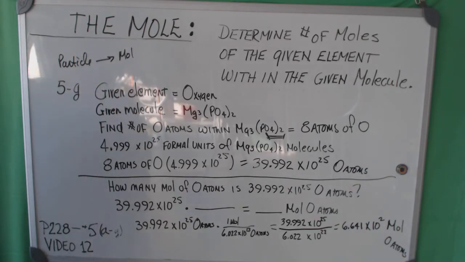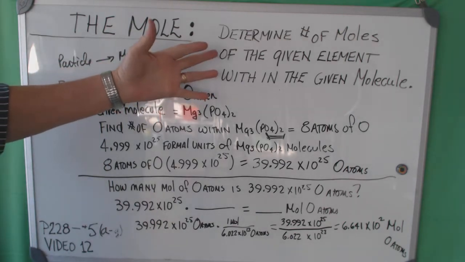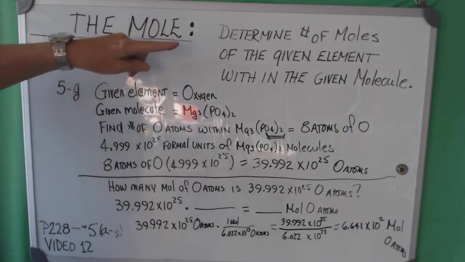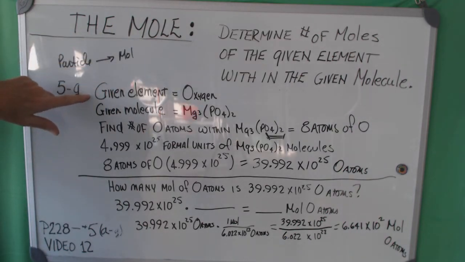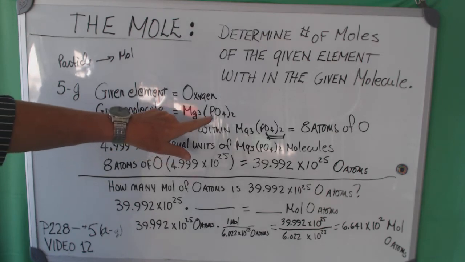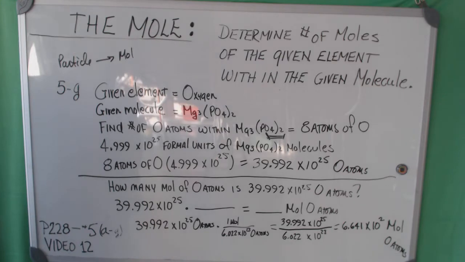Okay, so the question is, determine the number of moles of the given element within the given molecular requirement. In the case of 5G, they're asking you for the number of oxygen atoms. They gave us a molecule, Mg3(PO4)2.